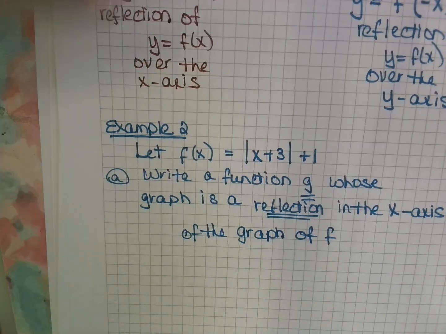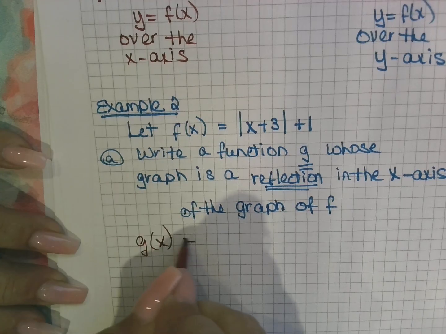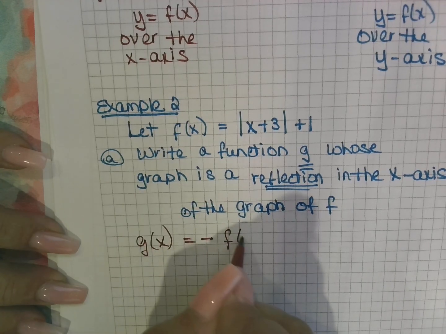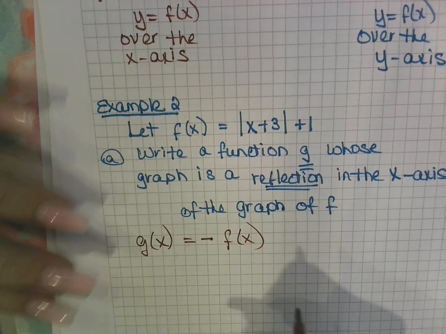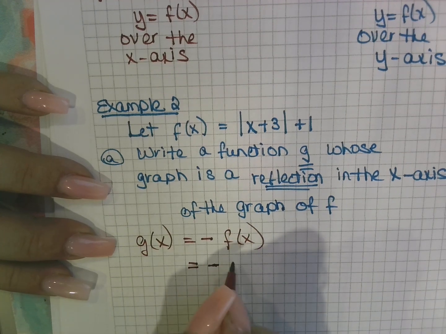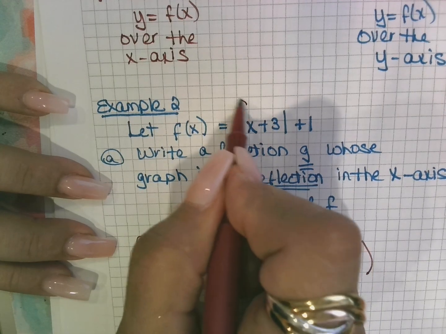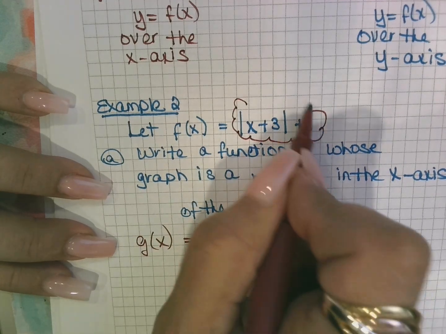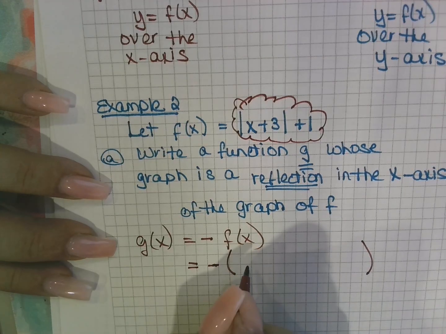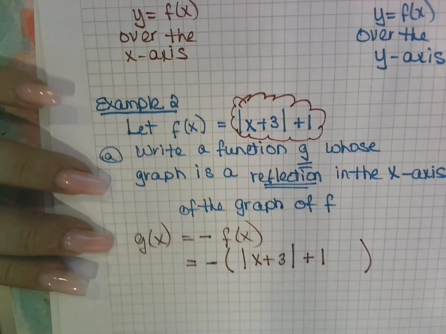All right, easy enough. So my function g of x is just going to be negative f of x, the minus in front of the f of x. And to simplify this, we put the minus, and then this is very important: in parentheses, we put the entirety of this f of x function. So it's the absolute value of x plus 3, plus 1.